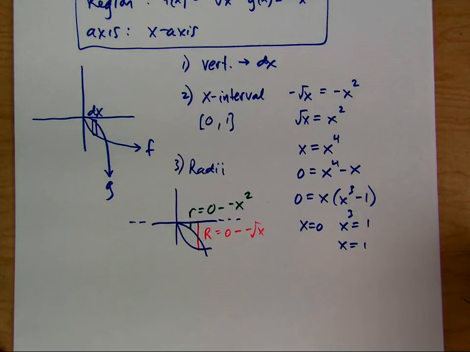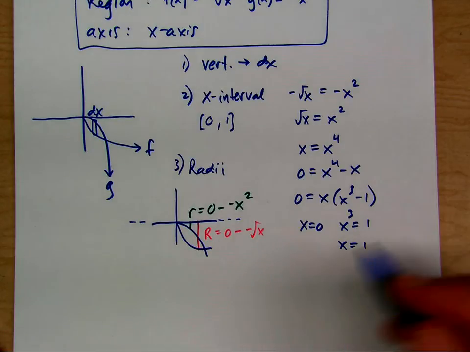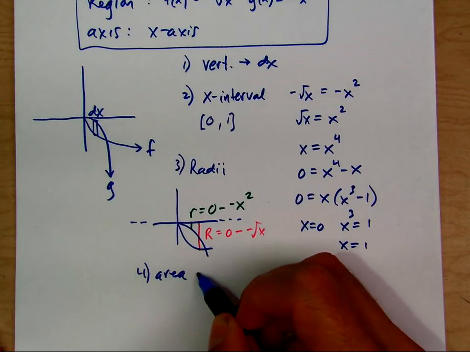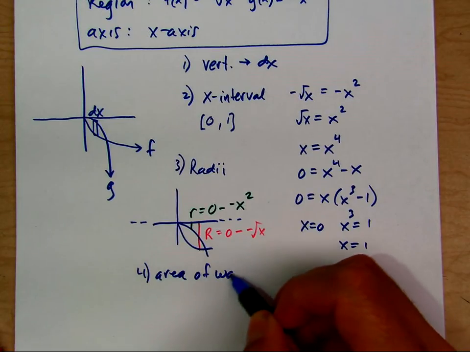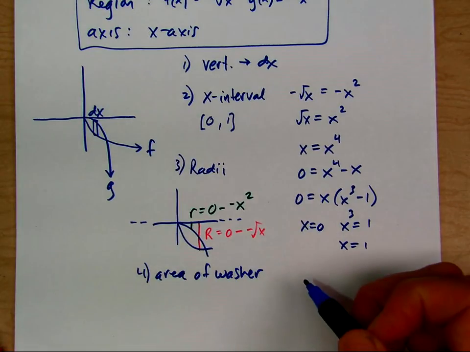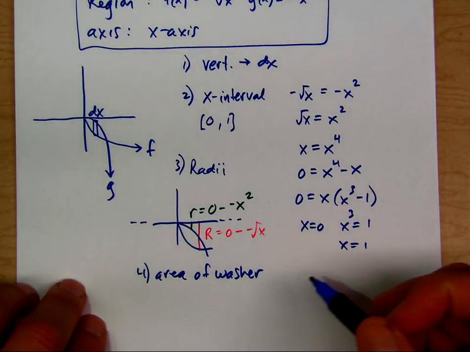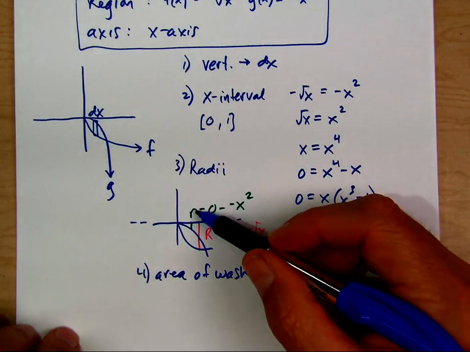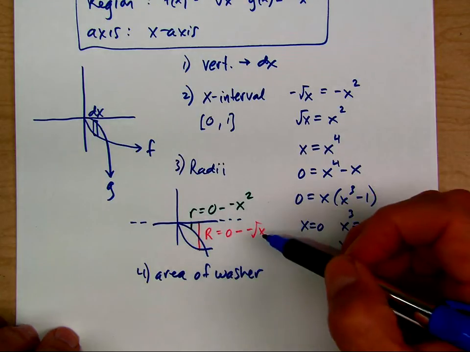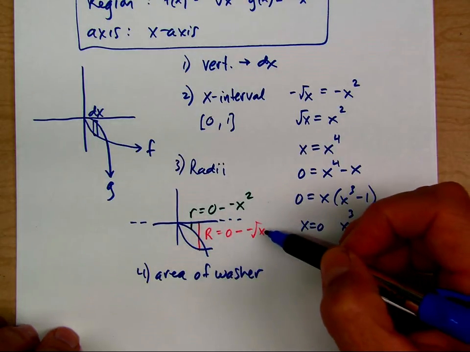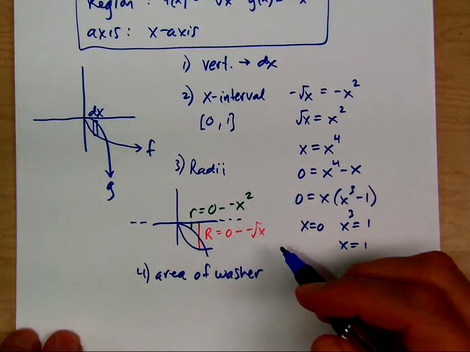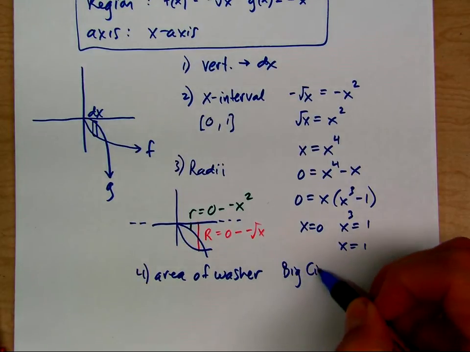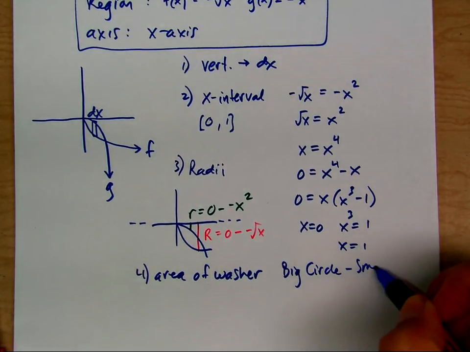So we found the radii, and then we have to find the area of a washer. The washer is the area of the large circle minus the area of the small circle when we rotate that. So the area of the washer will be the big circle minus the small circle.